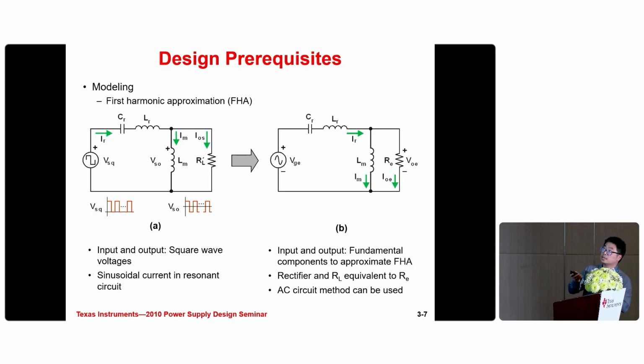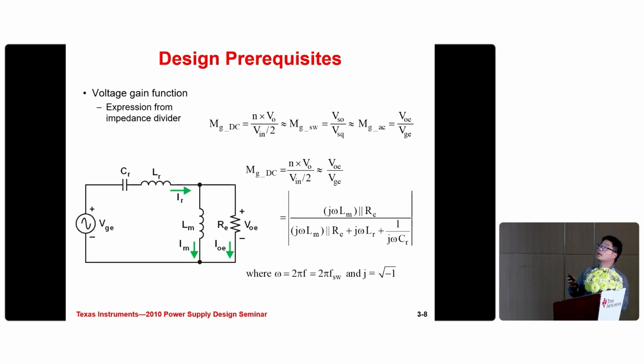And we can see that this switch node circuit can convert to this sinusoidal AC circuit. So we can use an AC circuit method to analyze the LLC. Based on this AC circuit, we can quickly get the voltage gain function. We can easily see that this is a voltage divider, right?